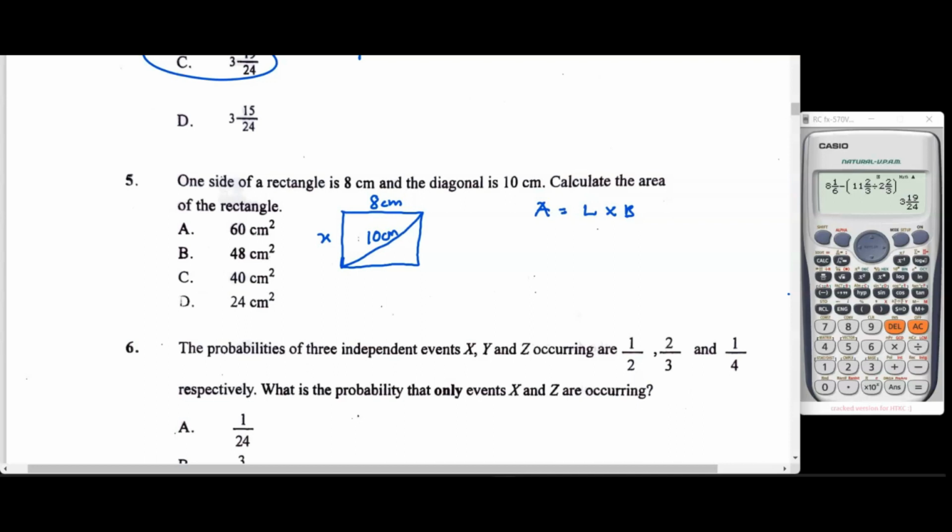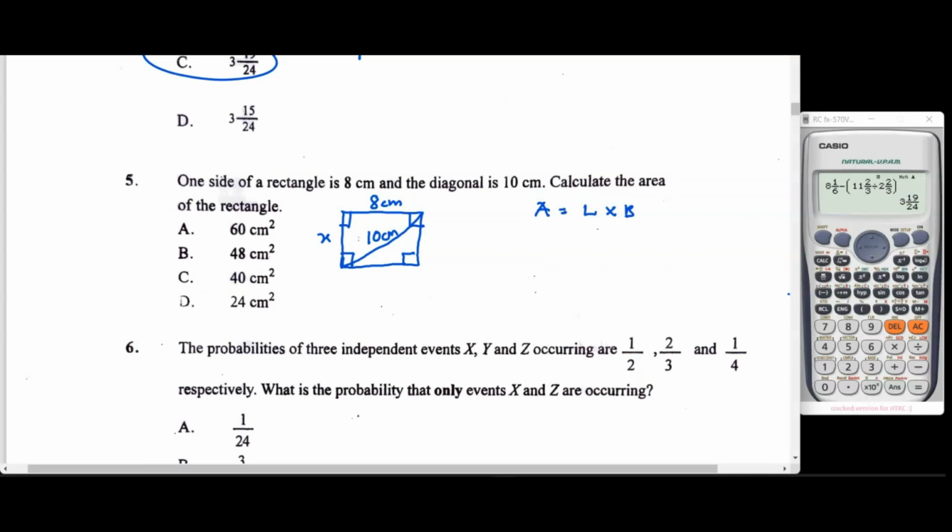From the information 8 centimeters, 10 centimeters, and x, one major property of rectangles is that all the interior angles are right angles. So we have 90 degrees here, 90 degrees there, 90 degrees there. Now with the diagonal and the other two sides, they make a right angle, so we can use Pythagoras theorem to determine the value of x.